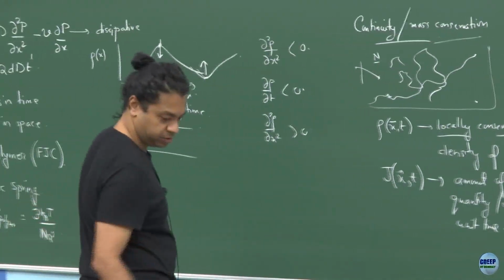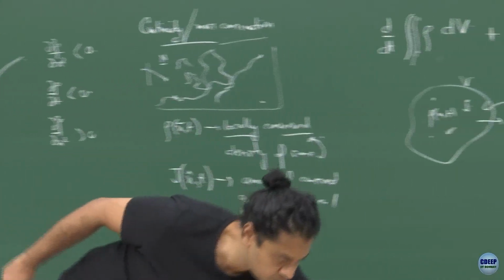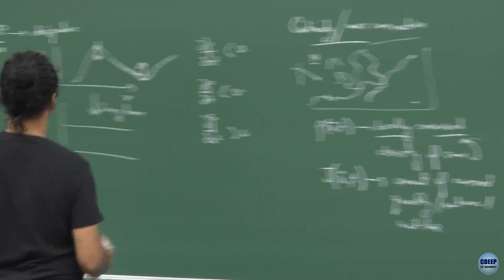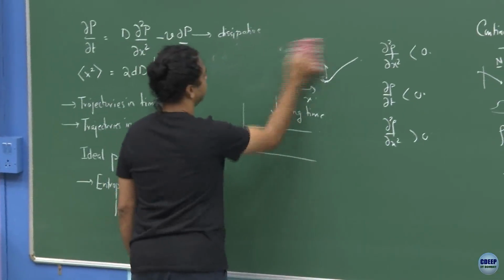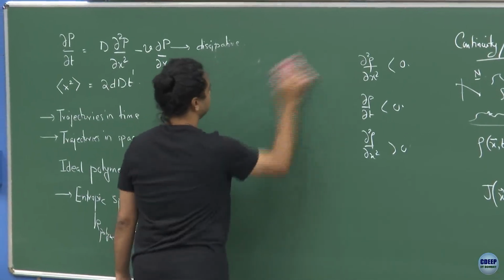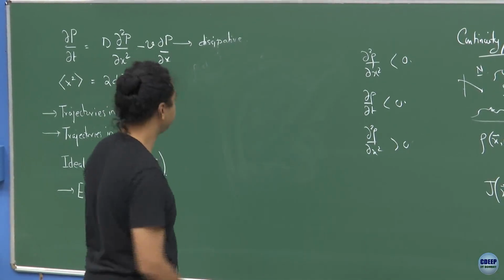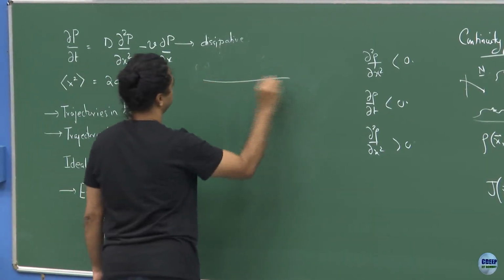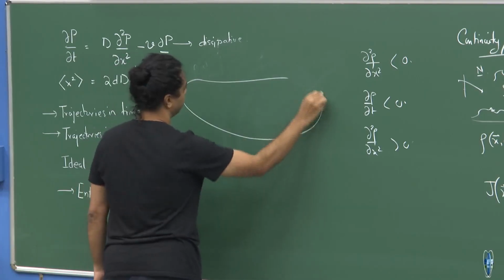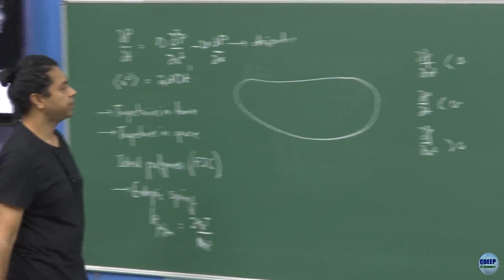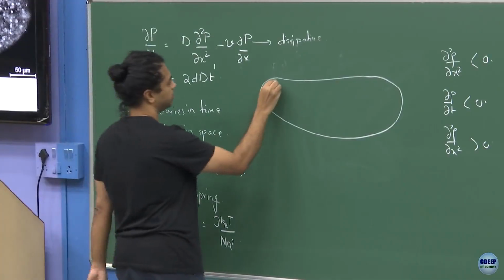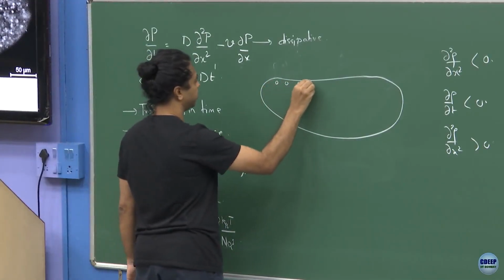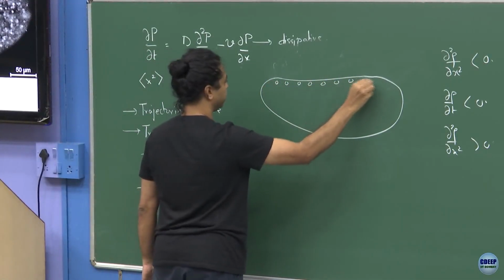So, what we were talking about is this Drosophila, just to give you an example of where 1D diffusion plays a role in a biological context. If you remember, we had this Drosophila embryo, and there were these nuclei which after some time migrated to the surface of this embryo.